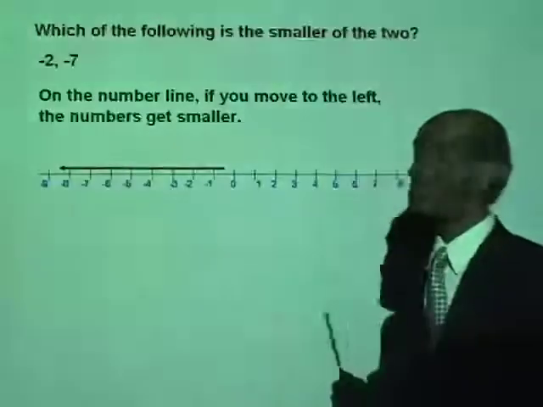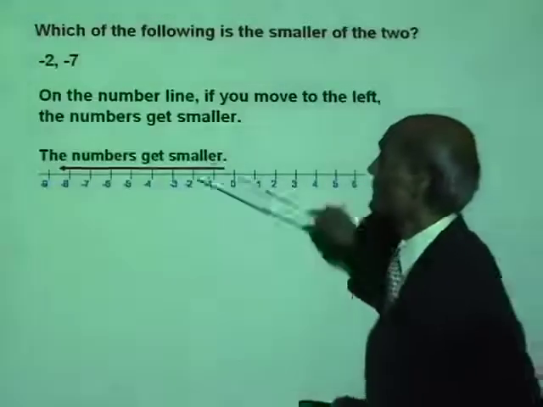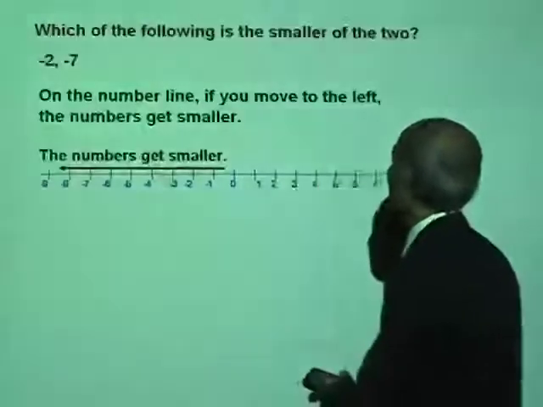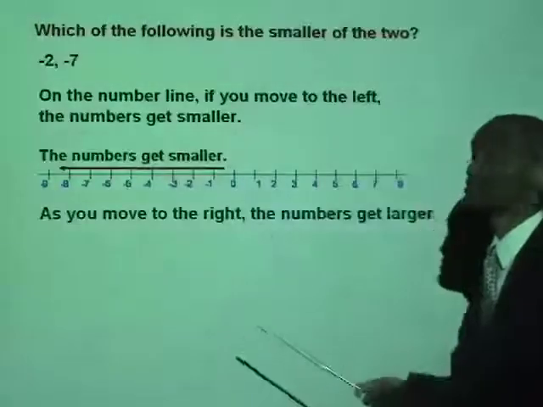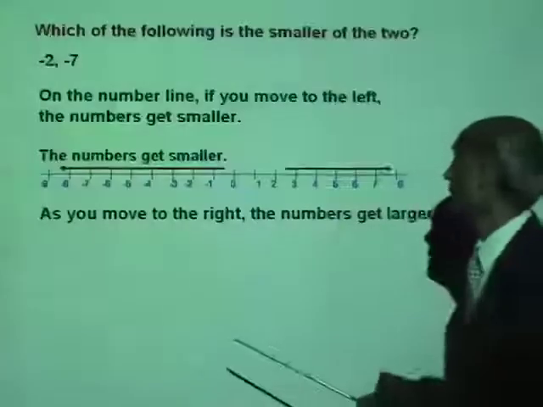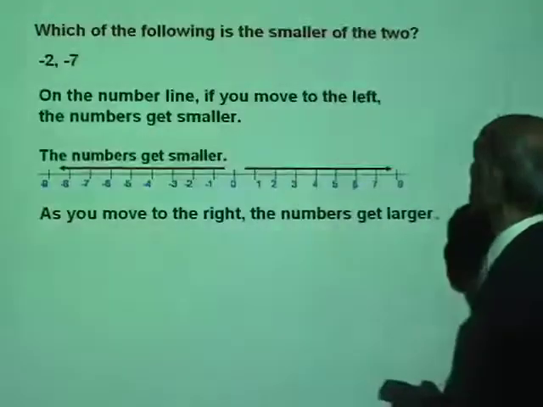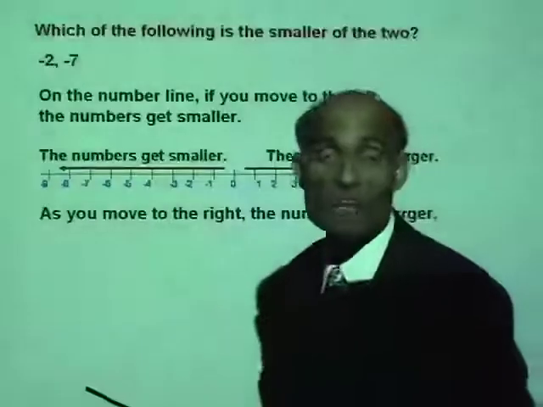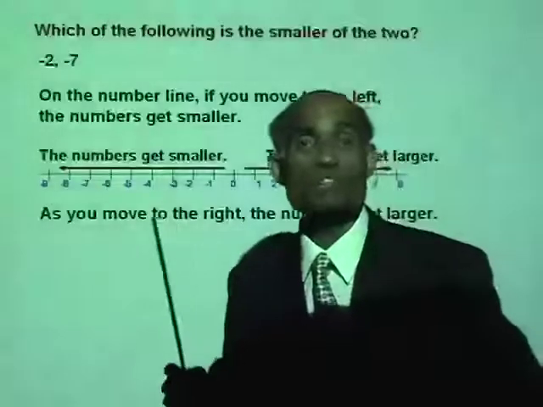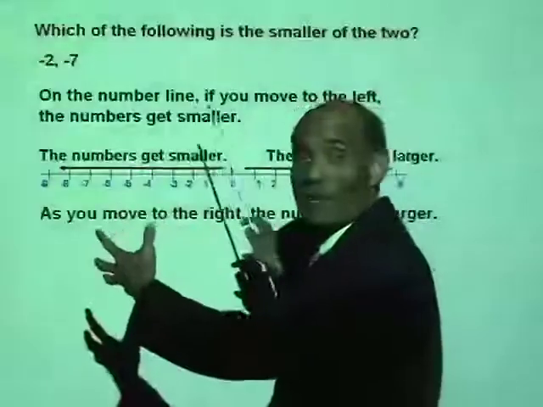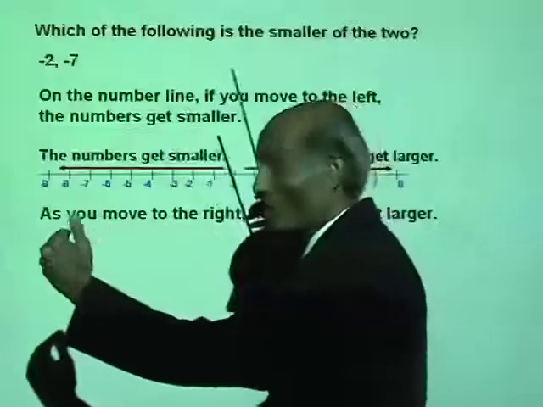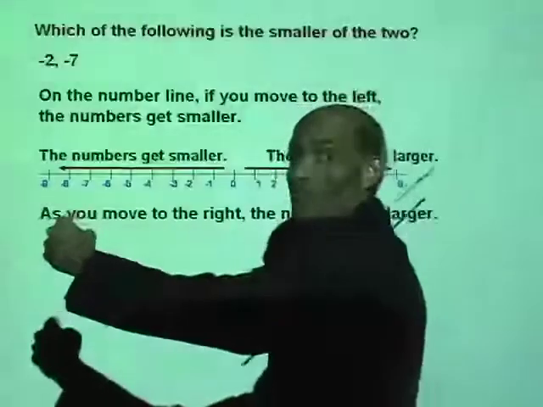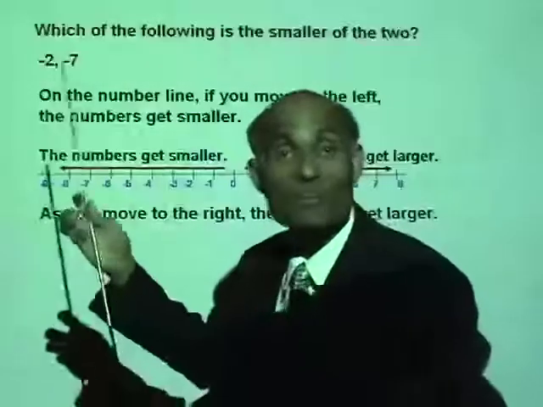So which is greater? As you go to the left, the numbers get smaller. As you go to the right, the numbers get bigger. So when you want to decide which is greater, which is smaller, place it on the number line, and whatever number comes on the left is the smaller, and whatever is on the right is the bigger.